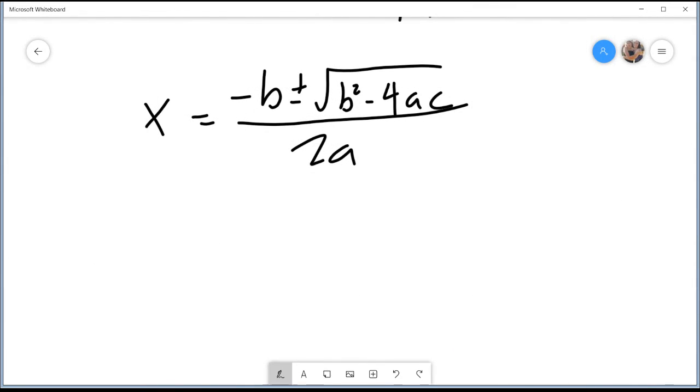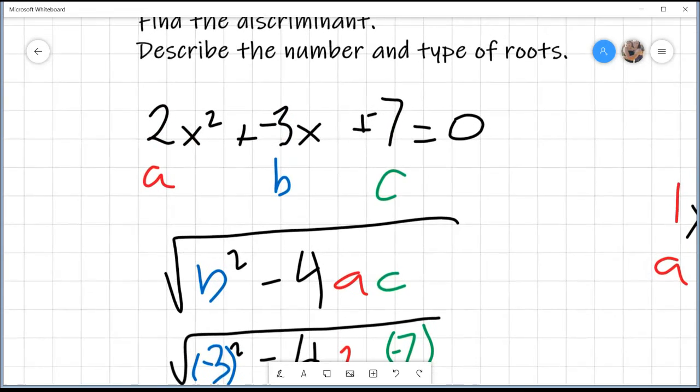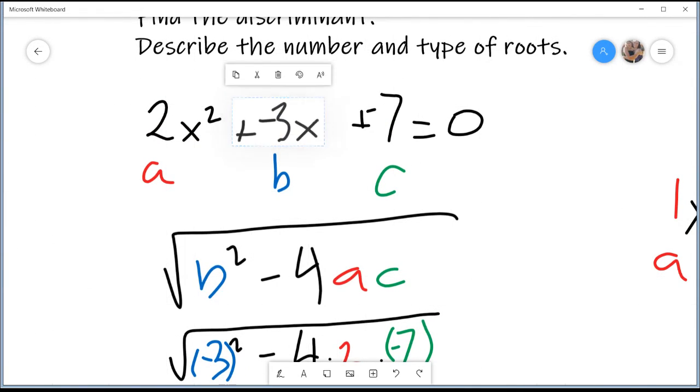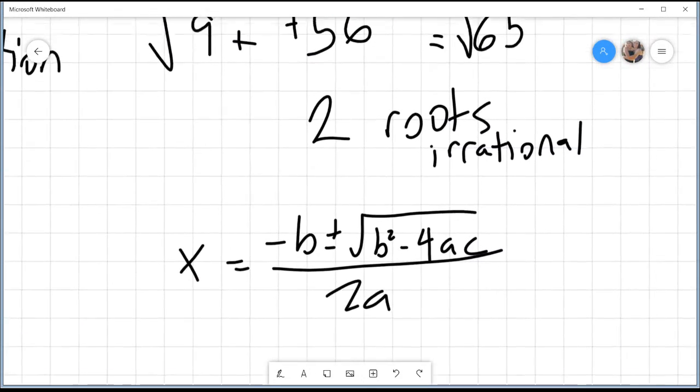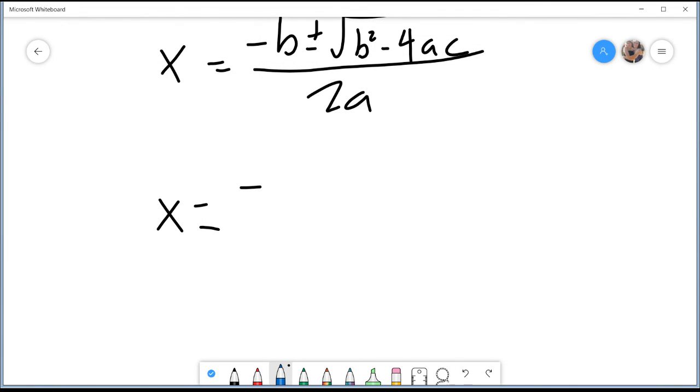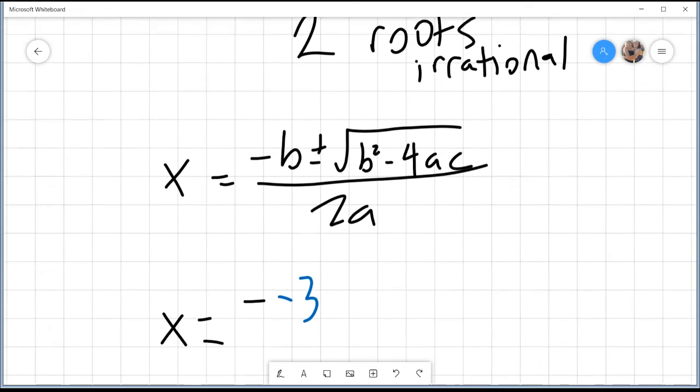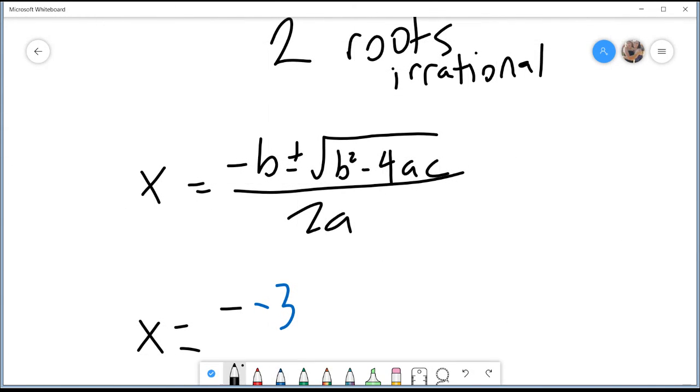So x equals, we write that negative sign because it comes with the formula. Negative b is negative 3, or the opposite of negative 3. Sometimes, when people memorize the quadratic formula, they say x equals the opposite of b. And that's an accurate way to say it because that's what you're going to be doing, taking the opposite of whatever b is. Plus or minus gets copied.